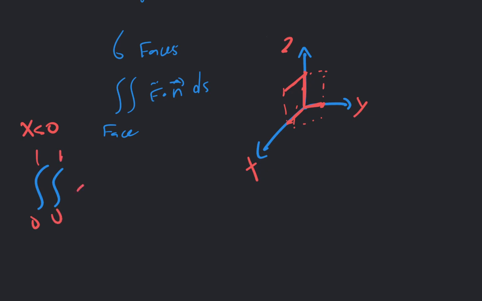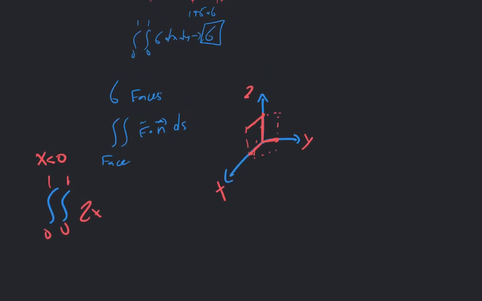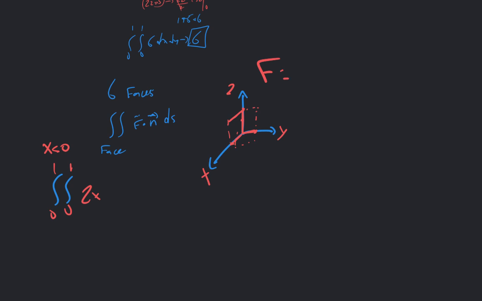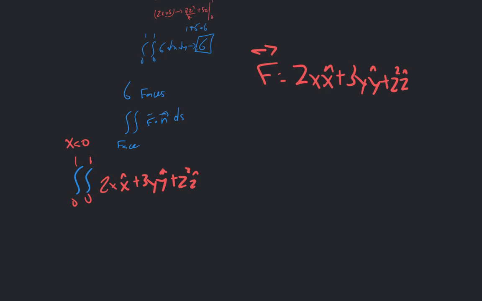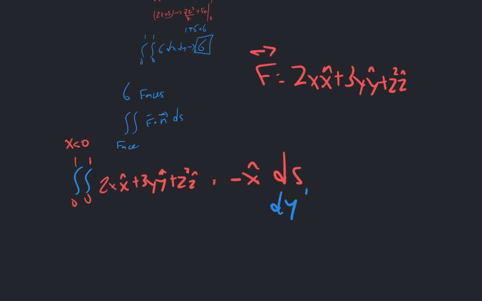Remember, F was 2x i plus 3y j plus z squared k, and we're going to be dotting that with negative x unit, and then dS. dS in this instance would be dy dz.